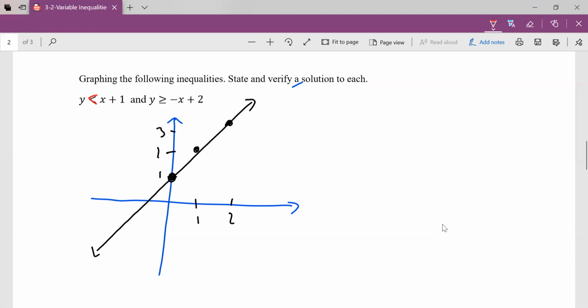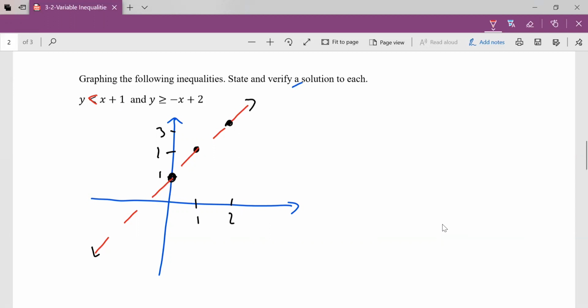We don't have a solid line here. A solid line is for equal to. For less than, we're going to draw a dashed or dotted line, just like this. That dashed line means it doesn't include those y values on that line.